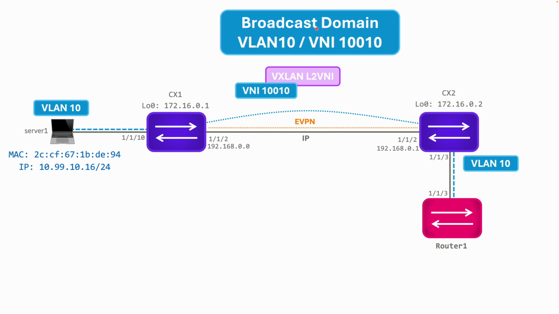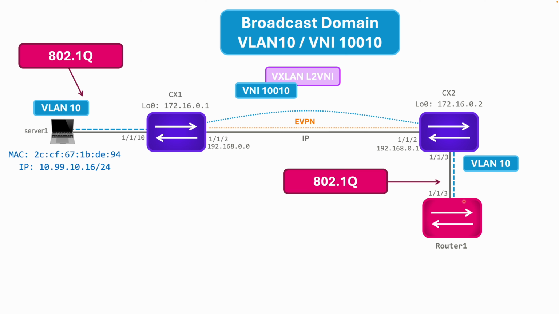So we're just using that layer 2 functionality. Just to be really unambiguous about this, we've got this broadcast domain here, which is VLAN 10 to VNI 10,010. You can see that on server 1, across the VXLAN fabric, and then down this trunk to router 1, so .1Q there, and a VXLAN VNI.